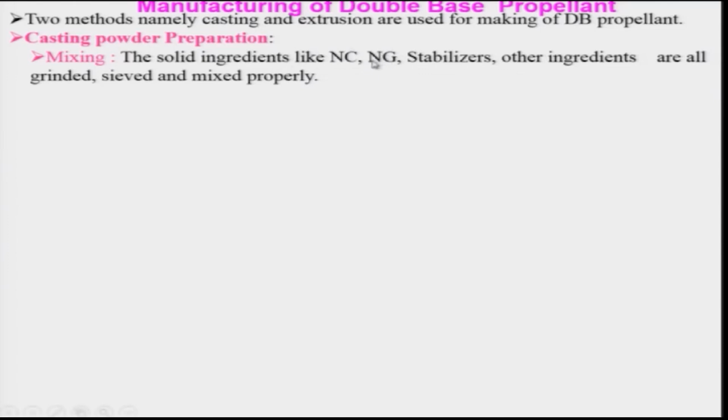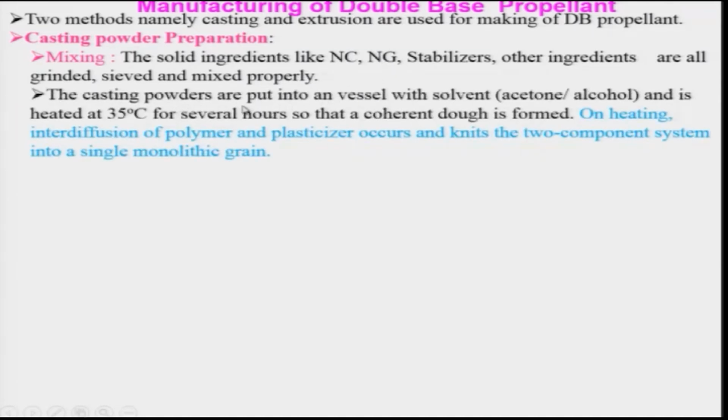Generally, a very small amount of nitroglycerin is added to start with, and then this casting powder is placed in a vessel with solvent, generally acetone and alcohol. This casting powder along with the solvent is heated at around 35 degrees Celsius for several hours, so that a coherent dough is formed.